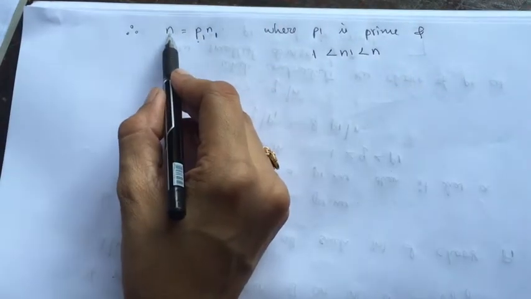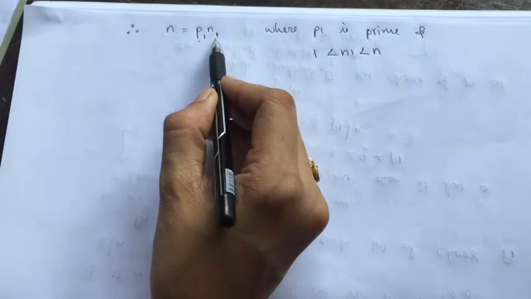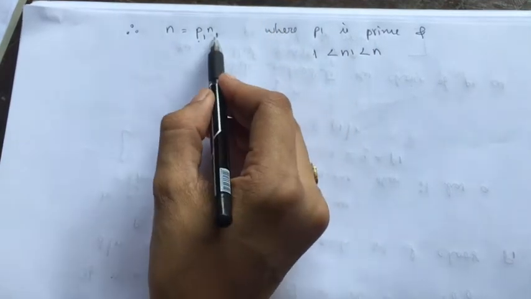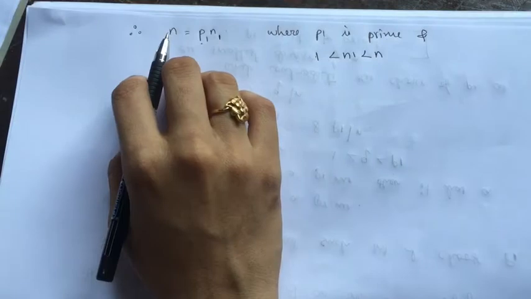So now I have got N as a product of two numbers, among them one is prime. If N1 is also prime, then no problem, no issue. But if N1 is not a prime, then I have to repeat the same steps again.